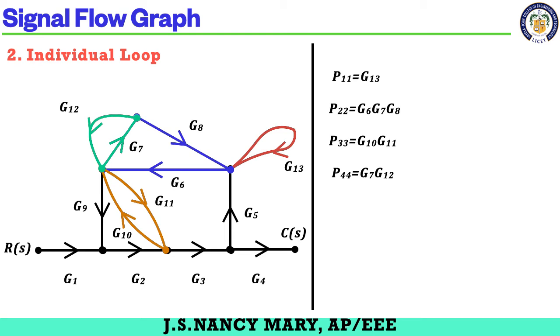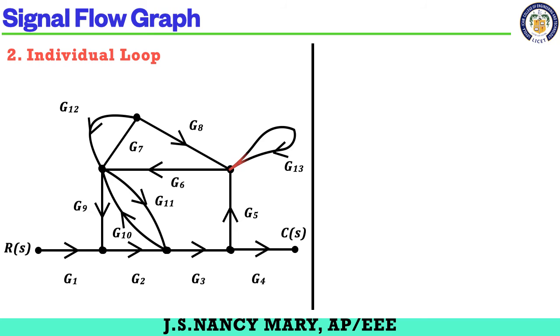Then G9, G10, G2. Then G6, G11, G5, G3. And then the rectangle 9, 2, 3, 5, 6. Okay, so we are having 7 loops here.